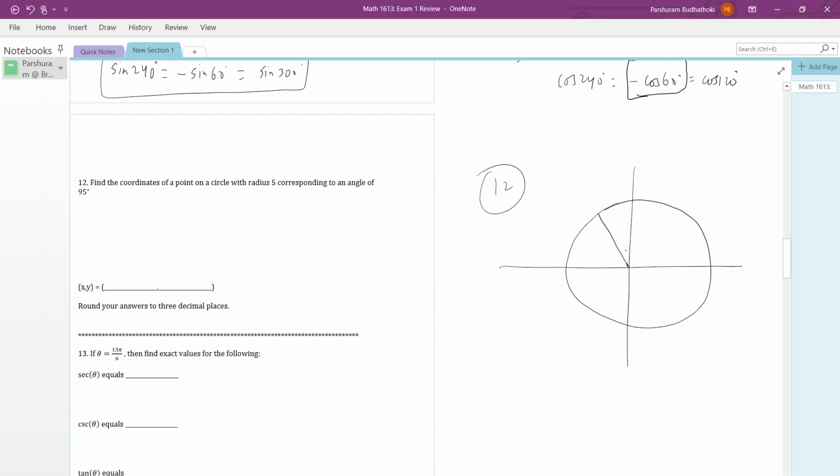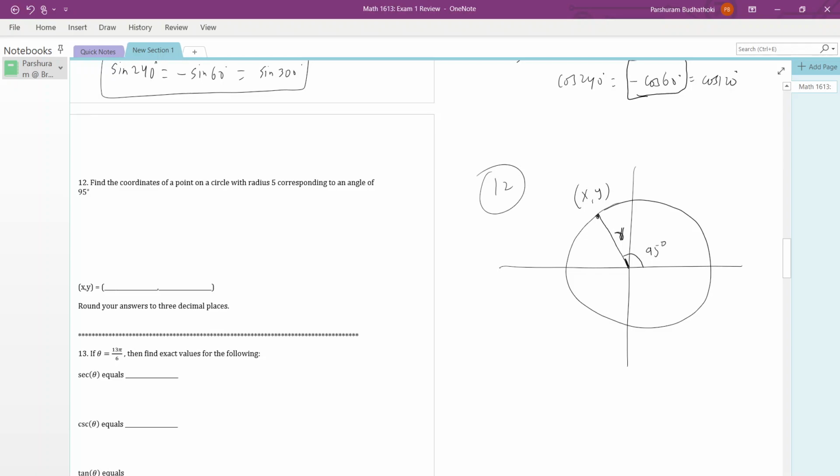So let's say this is 95, and the radius is 5. Radius is this one. So we want to find the x coordinate and y coordinate of this point.